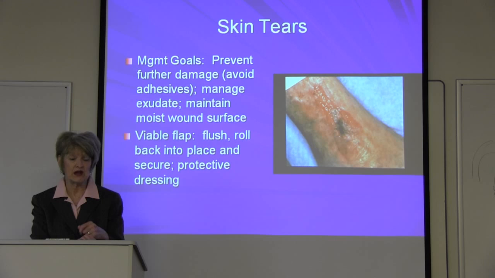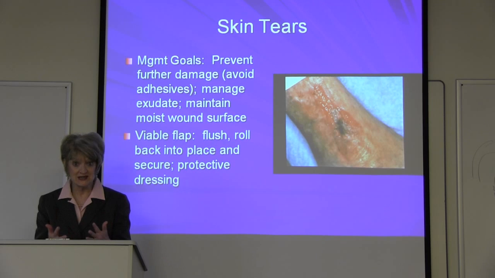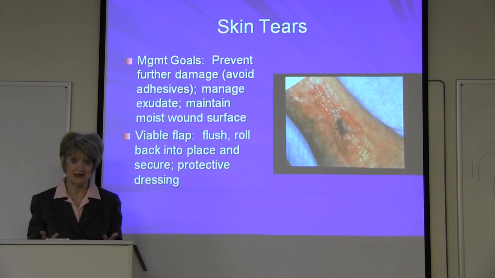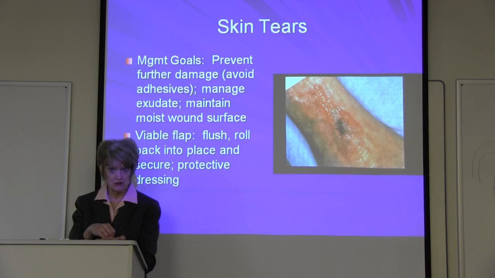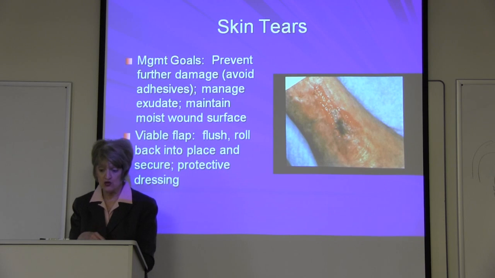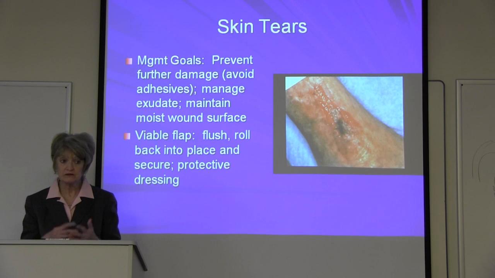And they have very aggressive adhesives, so when you remove them, even if you're very careful, you're very likely to take off another layer of skin and create another lesion. So when you're managing skin tears, your goal always is to select a dressing that absorbs drainage, maintains a moist surface, prevents trauma with removal.